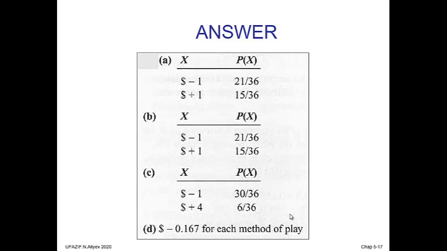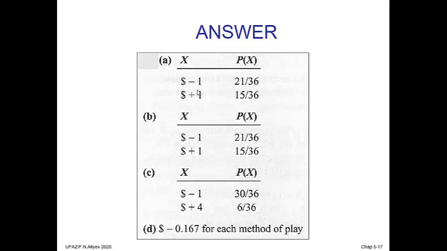What does it mean? It means that the long run loss for all 3 bets is -1 over 6 dollars, which is approximately 16 cents. It means that the person who makes this game knows from the beginning that generally people will lose this game.